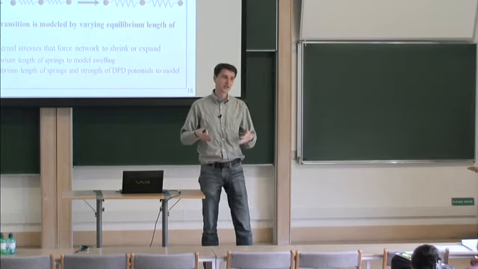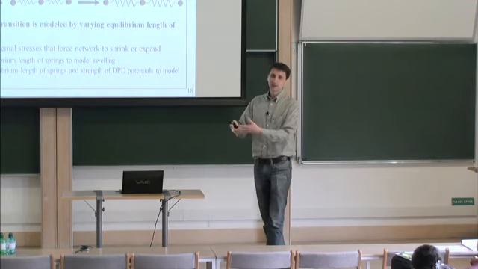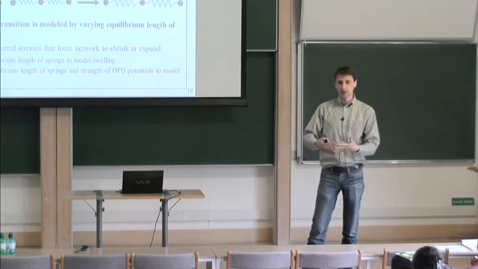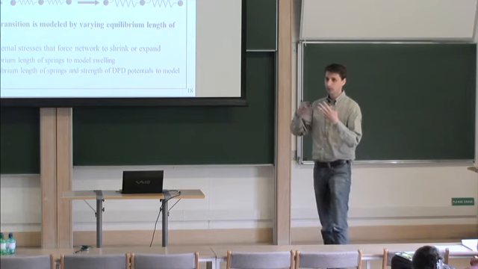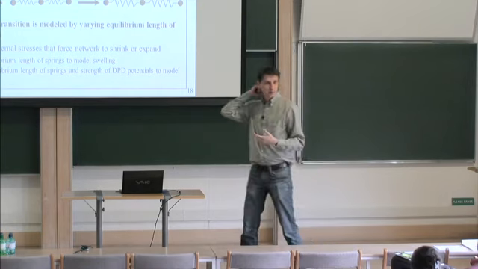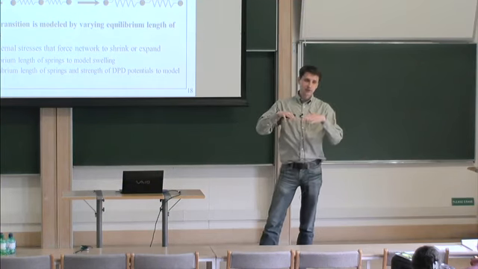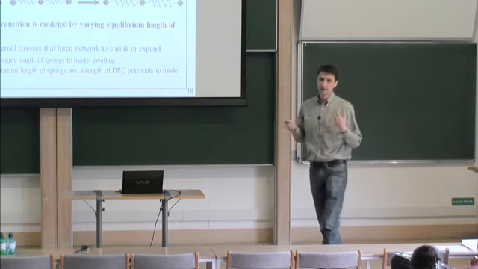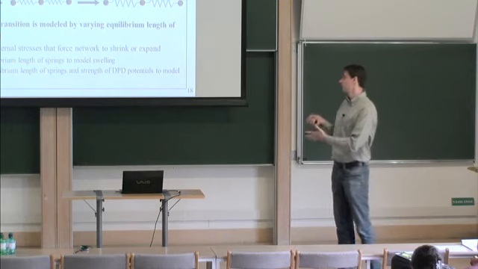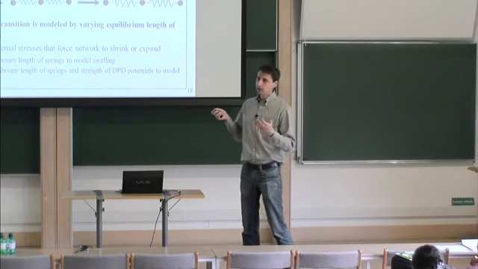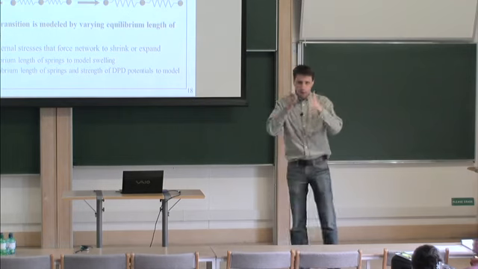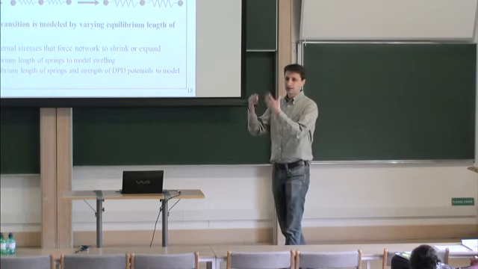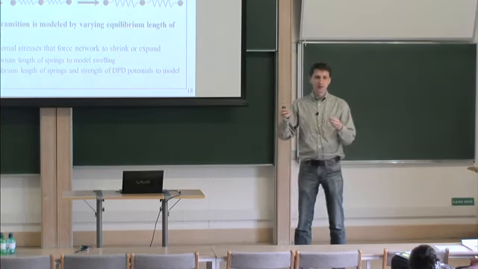We don't want to model it, but we want to see the effect of this. And the second is the drag force of the solvent that penetrates inside the network, right? These two processes are balanced because it's slow dynamics, it's an overdamped system, but it gives the kinetics of the volume change. So to model this volume transition, we do a very simple thing. At the beginning, when we say we expose the gel to some stimulus, we change the equilibrium length of our filaments.